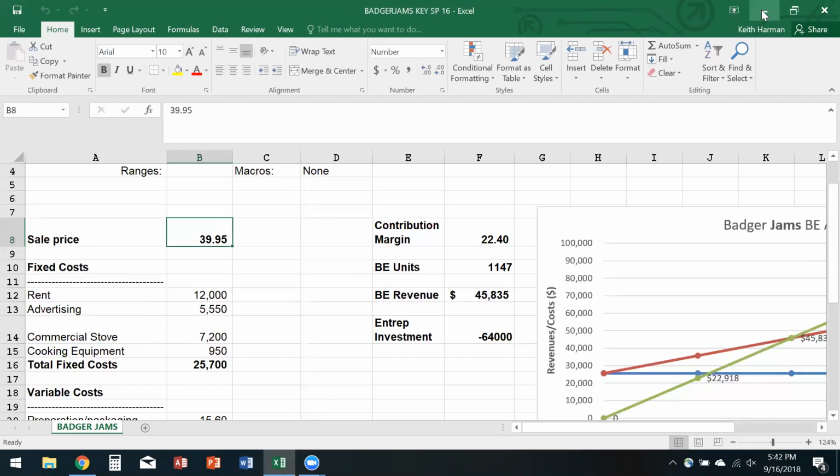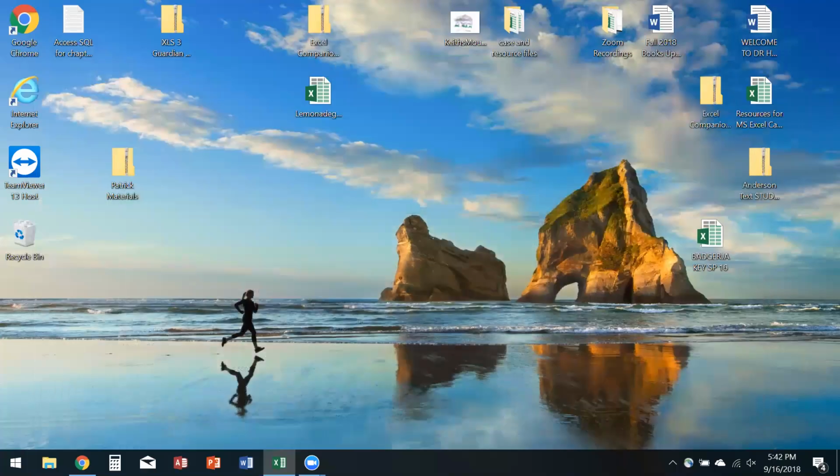Fixed costs are those like rent, insurance, that they're fixed. You have to pay them. You'd pay them whether you sold one unit or none. The variable costs are the costs that change with the level of business activity.